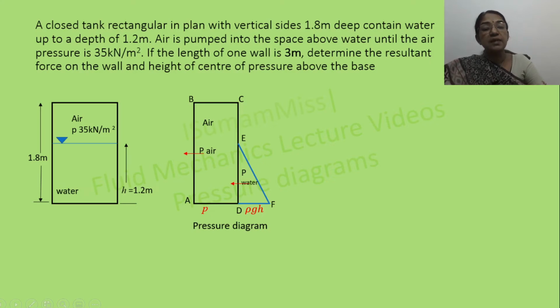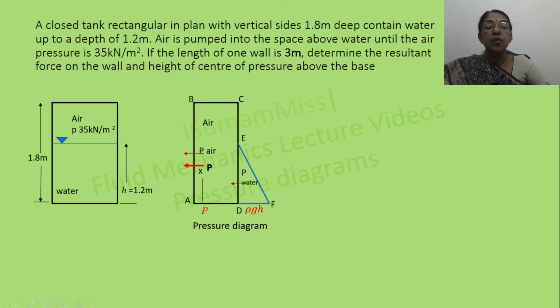So the total pressure, that is the summation of P air and P water, is acting at a distance of x above the base. So we have to calculate the resultant force and the point of action of this resultant force. We can utilize this pressure diagram for the calculation. The area of the pressure diagram is equal to the pressure force per unit width.